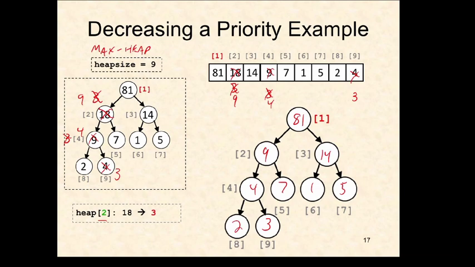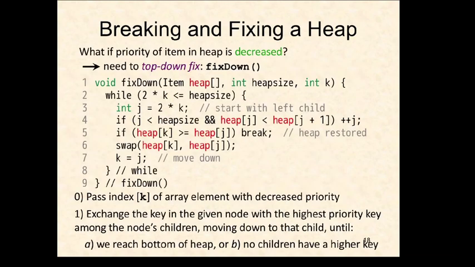So we need code for this. We had a value decrease in priority, and we had to look downward in the tree. So this is called fix down, because it lowered priority. We have to look down the tree. In this one, remember to know if we're at a leaf or not, we need the heap size.